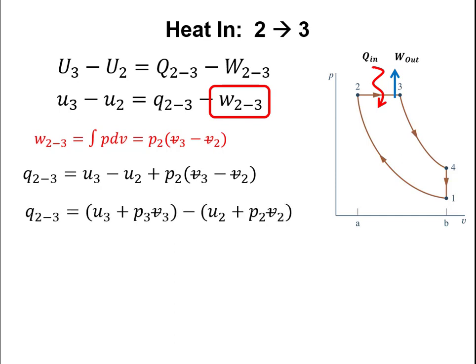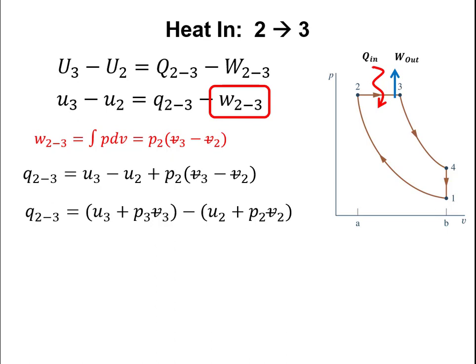Now, because P2 and P3 are the same, I'm going to split up the P times delta V term into P3V3 minus P2V2, because P2 and P3 are the same thing. So then I'm going to collect my terms by their state number, and I get (U3 plus P3V3) minus (U2 plus P2V2), all in brackets.